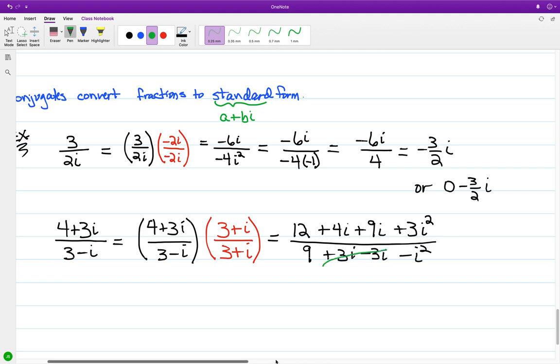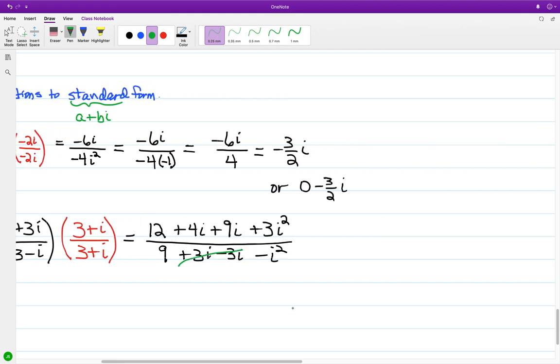We have additive inverses in the denominator, that will go out. Now combining what we have here, you have 12, 4i plus 9i is 13i, 3i squared, so that's going to be 3 times negative 1. And we have 9 minus i squared, so you have 9 minus negative 1.